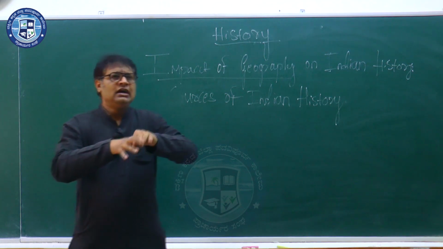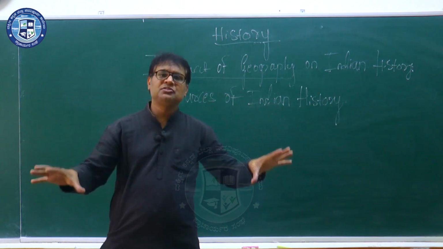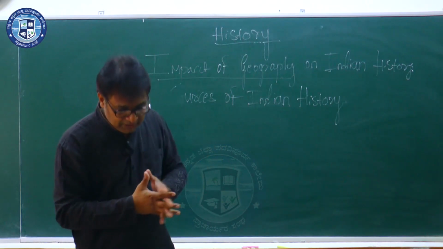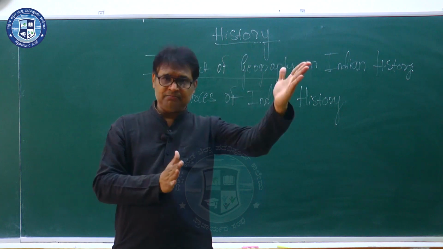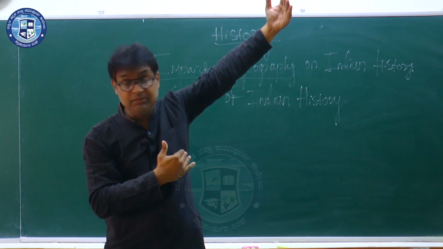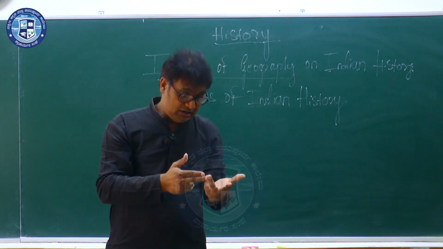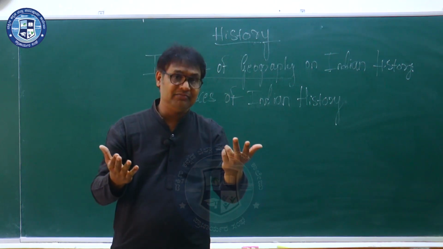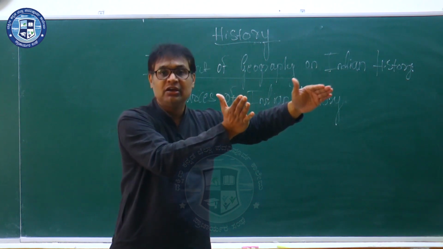We have different types of physical features in our country, so one by one we have to study. We have the Himalaya, the snowy mountains in the north, and also Vindhya, Aravali and Sahyadri, three very important mountains.